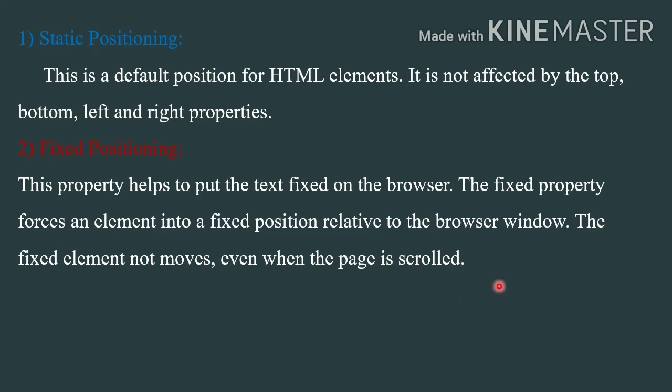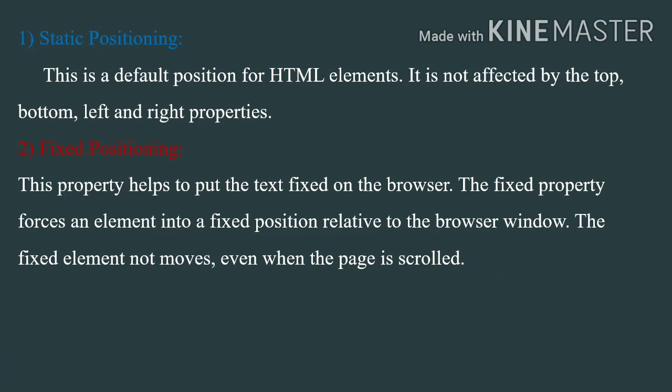Now see what is meant by fixed positioning. Here in fixed positioning, the property is fixed for the HTML element and the position is taken for that element relative to the browser window.